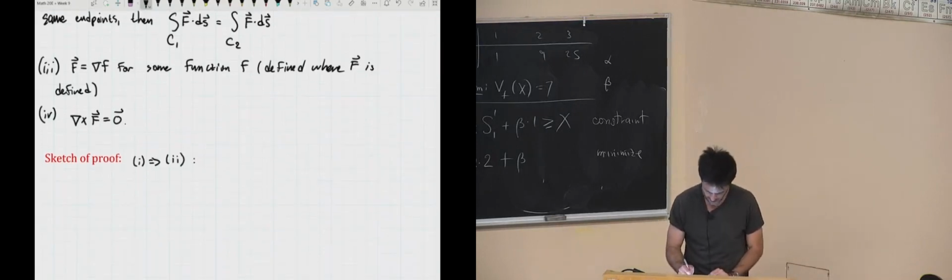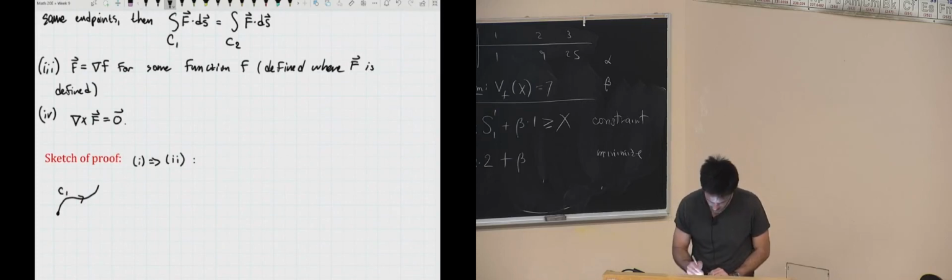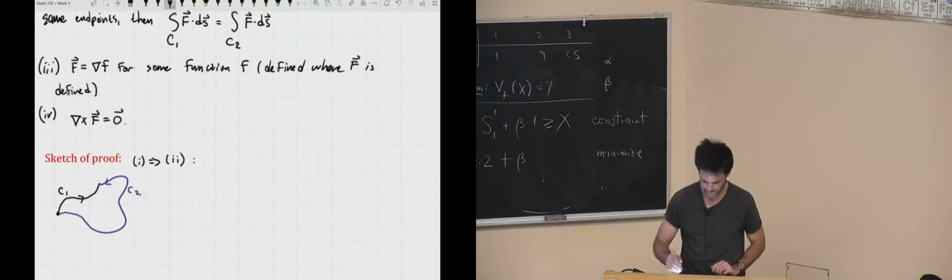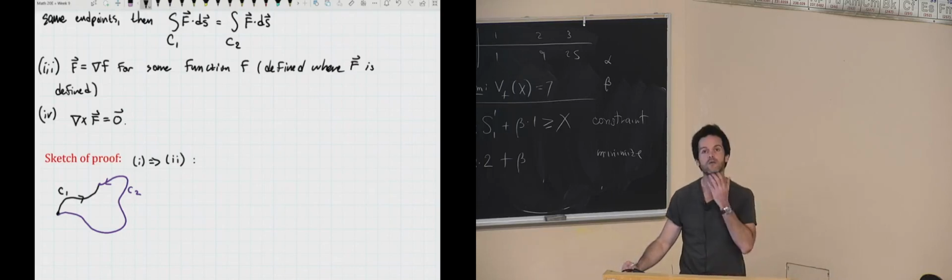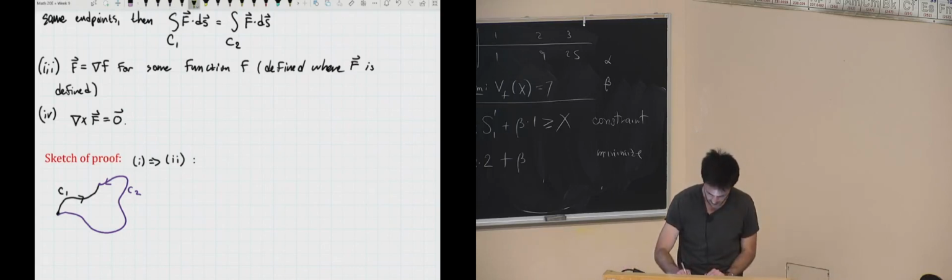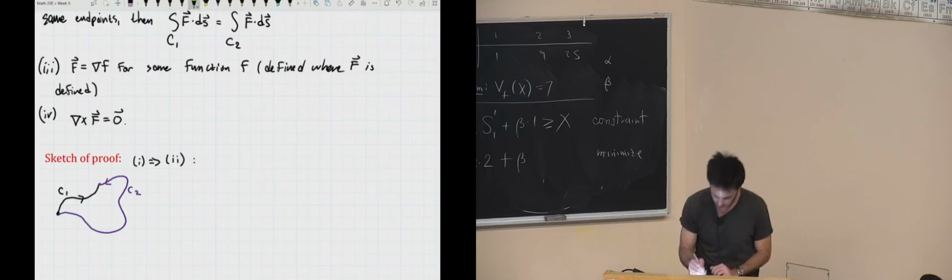suppose that I have 2 paths that start and end at the same place. Let's say there's path C1, and there's path C2. Well, if I go along C1 in reverse, let me give that a name.